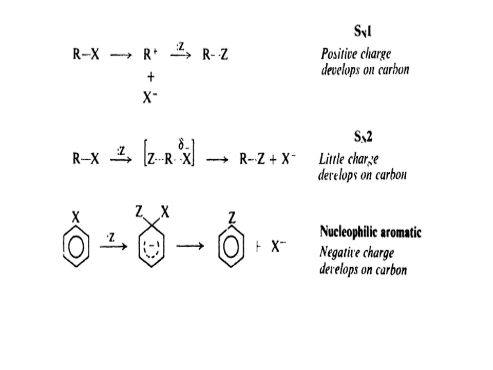So with this we come to a conclusion of this chapter, nucleophilic aromatic substitution. We can divide this chapter into three major sections. The first part discusses the low reactivity of aryl halides towards nucleophilic substitution reaction. We have seen the reason for that. In the second part we have seen that there are two different mechanisms, the bimolecular displacement mechanism and the elimination addition mechanism.